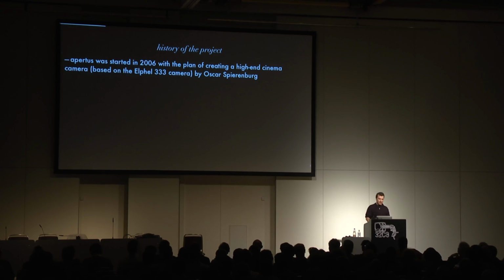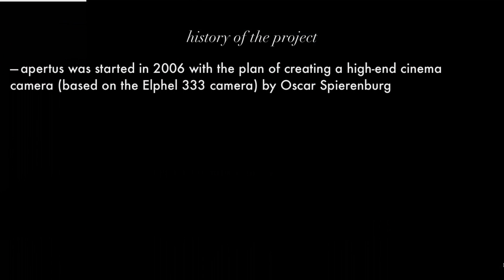So, a short introduction to the project, because I'm not sure if people know the project so well. The Apertus association was started in 2006 with the idea to create a professional moving image camera based on the Elphel 333 camera, which, I don't know if people know the Elphel camera. It's actually the company that produces cameras mostly for Google Street View and for 360 panoramic images.